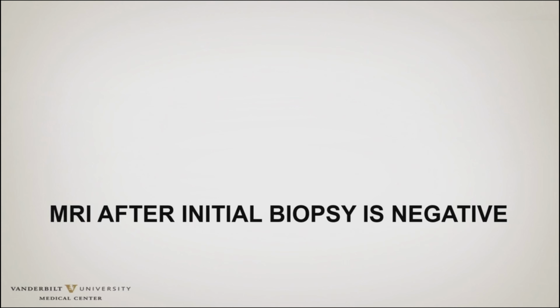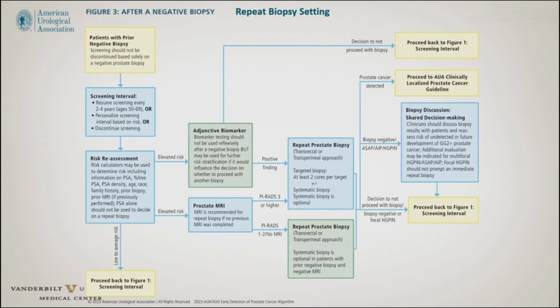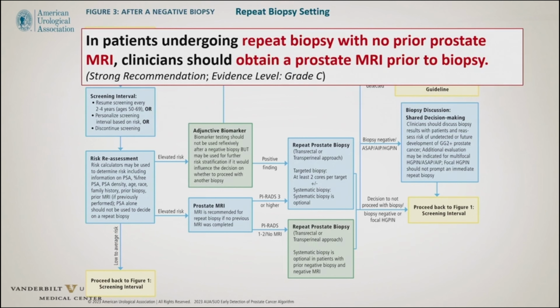Let's talk for a minute about after the initial biopsy is negative, and we're thinking about repeat biopsy for ongoing concern. In patients who are undergoing repeat biopsy and have not had a prior MRI, we do recommend that they obtain an MRI prior to biopsy. So here, that's kind of required in the second biopsy setting.